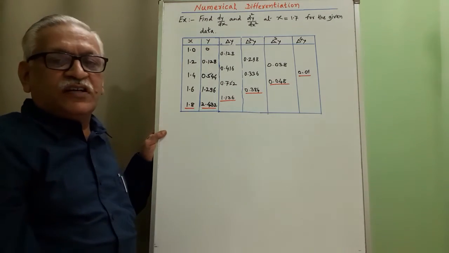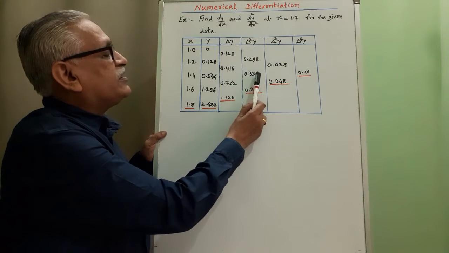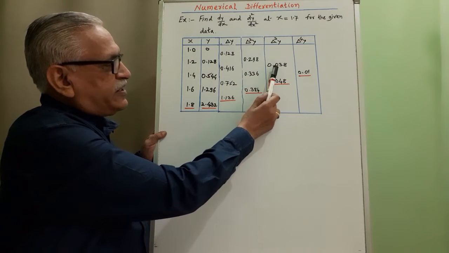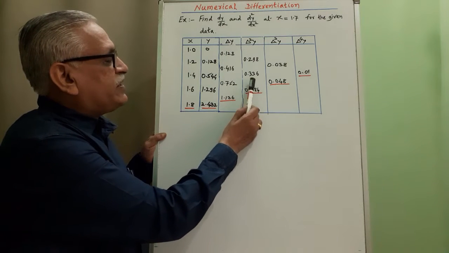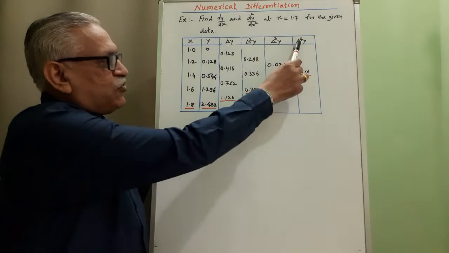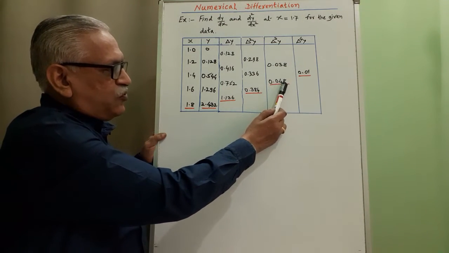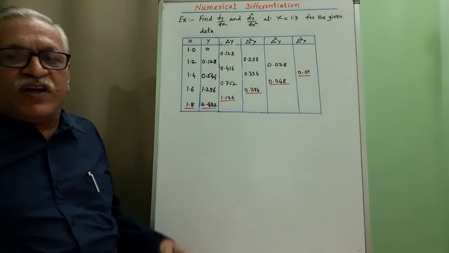Next, the third order difference is the difference of the second order differences: 0.336 minus 0.288 is 0.048, and 0.384 minus 0.336 is 0.048. Then the fourth order difference is 0.048 minus 0.038 as 0.01.